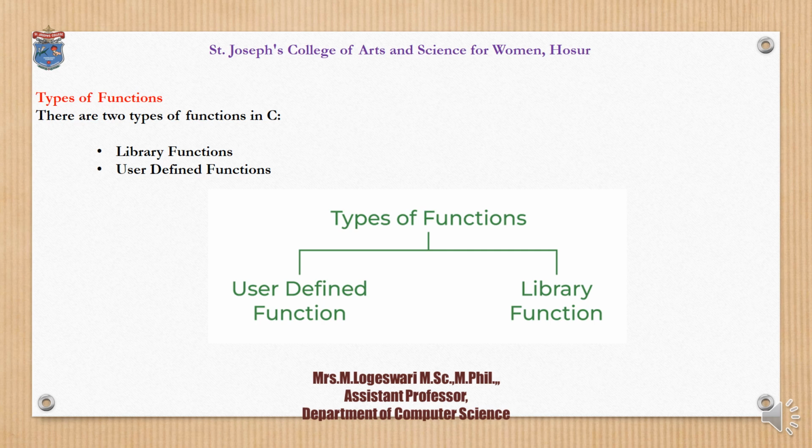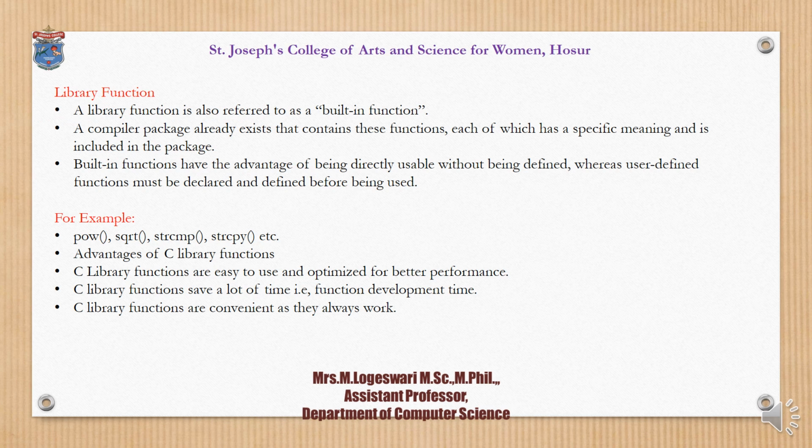There are two types of functions: library functions and user defined functions. A library function is referred to as a built-in function. The compiler already knows what task that function performs. Built-in functions have the advantage of being used directly without being defined, whereas user-defined functions must be declared and defined before being used.